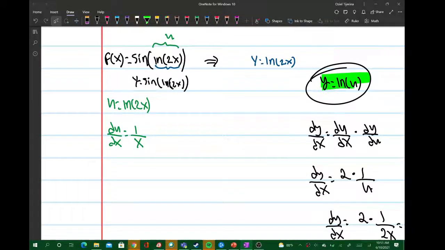And when we said that y is equal to sine of ln of 2x, we can say that y equals sine of u, and we know that u is equal to ln of 2x. So that means dy du is going to be the cosine of u, right?